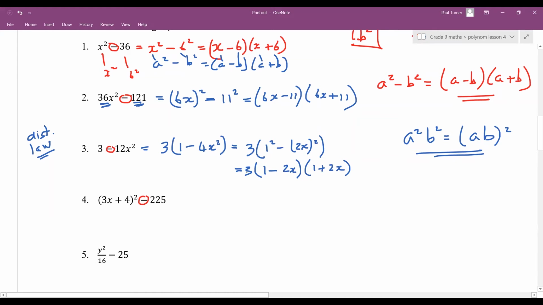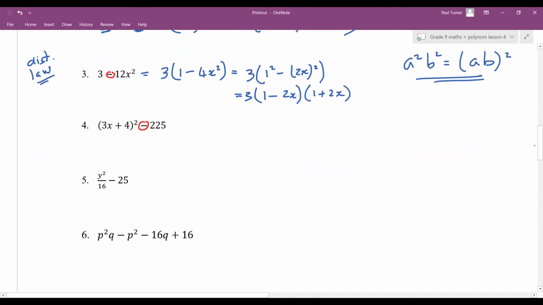So you've got a constant 3 in the front here. That's okay. You don't need to multiply back in, just leave everything like that. That's finished. Now this one looks harder, but it's not. It's exactly the same. In this case, this is a, that expression 3x plus 4.